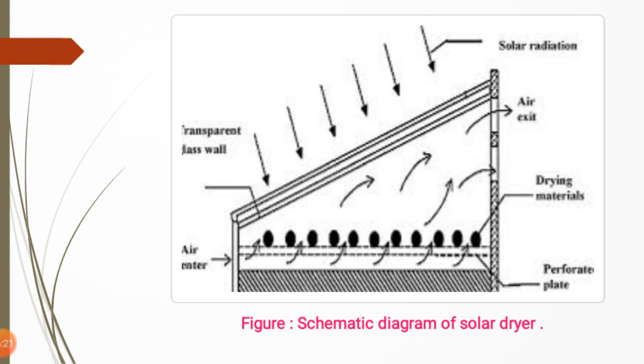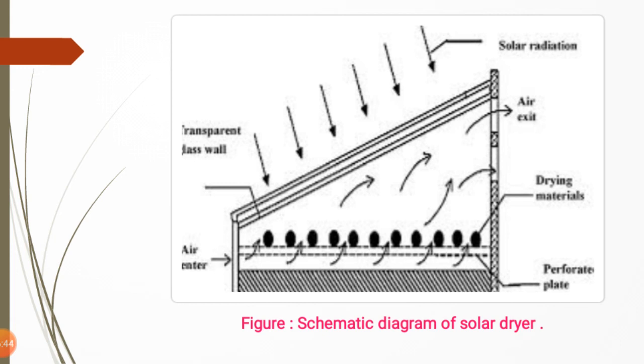Due to the heat of the solar radiation, there is a production of hot air. It means the air already present in the chamber or enclosure is heated by the solar radiation, and due to this heated air there is a drying of the product, and after that this is a continued process.